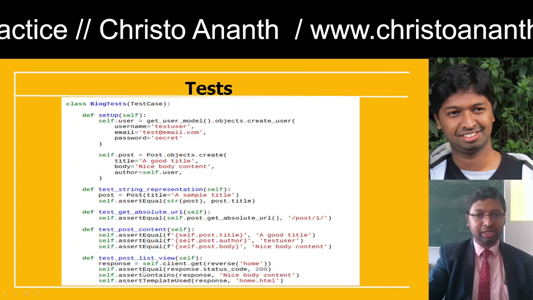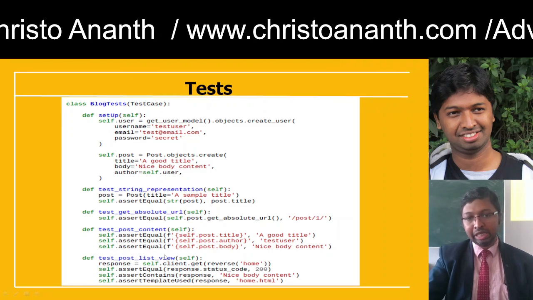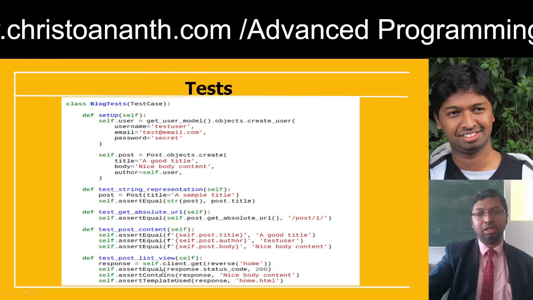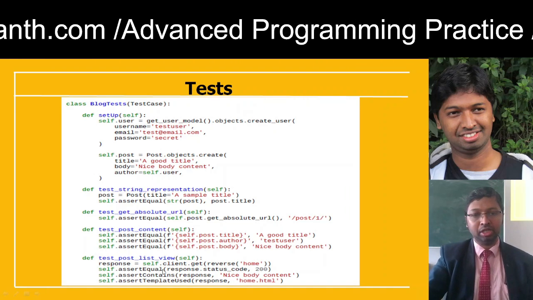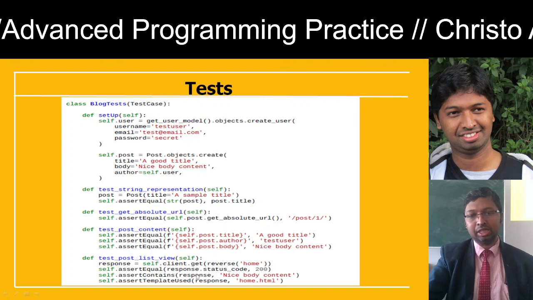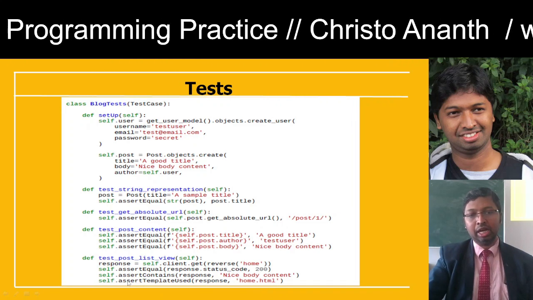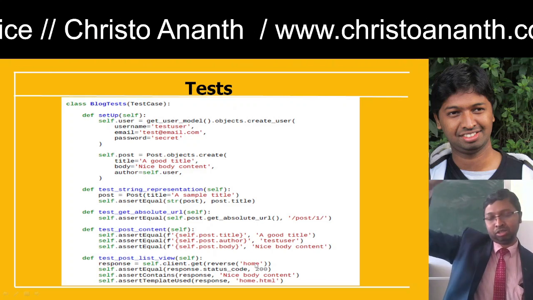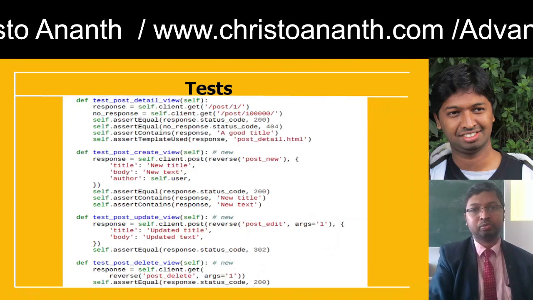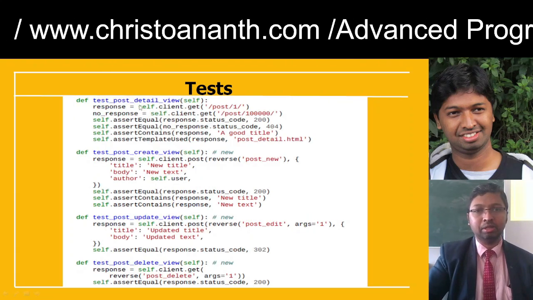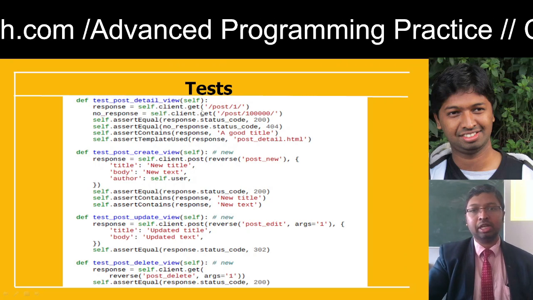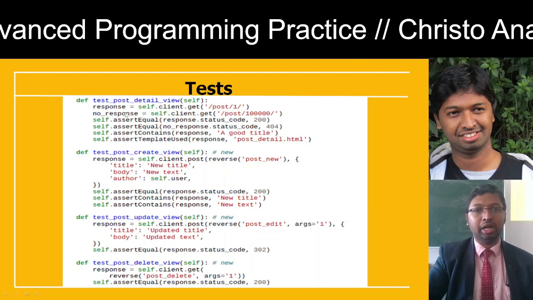And similarly for the test post list view, you are going to have the reverse form, self.assertEqual the response status code of 200. Then self.assertContains the response nice body content, and self.assertTemplateUsed the response, home.html. Then similarly for the post detail view, you are going to have the response self.client.get post 1 and no response.